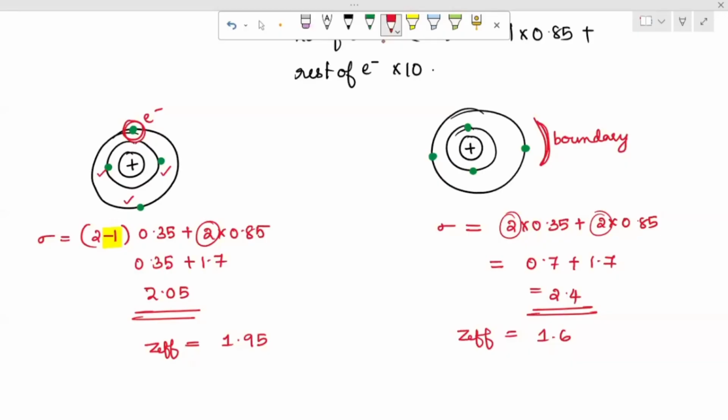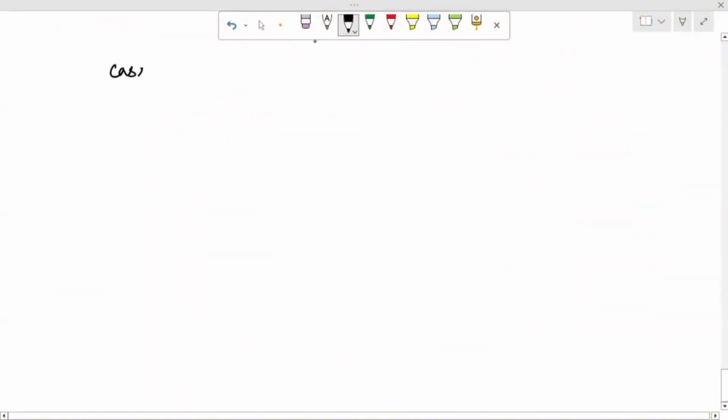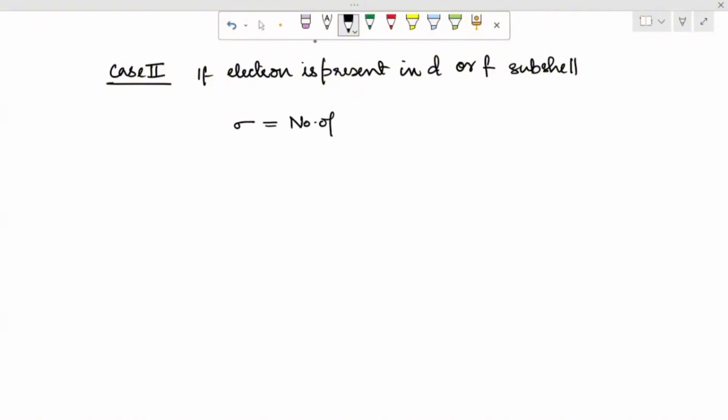Now, instead of S and P, you can also get a question from D or F. That is case 2. If an electron is present in D or F subshell, it's very easy. Screening constant equals number of electrons in D or F subshell, whatever the question is, minus 1.